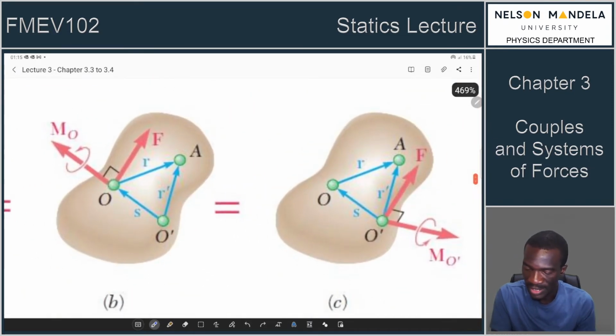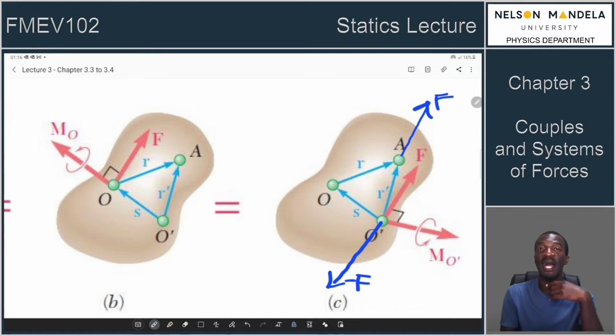We are going to replace this original force by putting a counteracting minus F. So our couple is just this R prime cross F. That is how we get our couple.